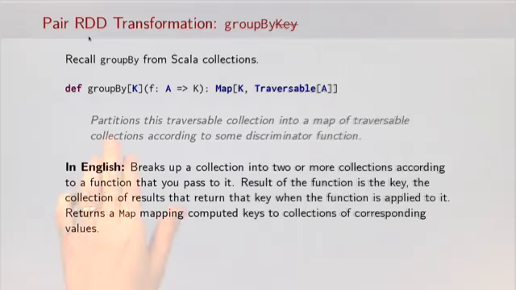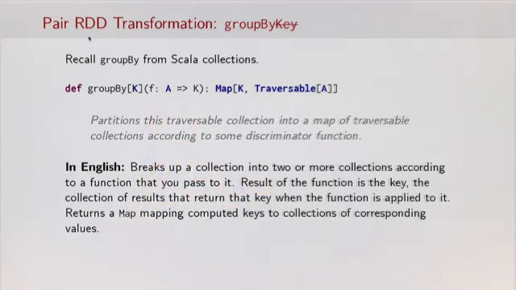The API docs succinctly describe the semantics of this operation as follows. groupBy partitions this traversable collection into a map of traversable collections according to some discriminator function. We can also say this a little more simply. Assuming you have some kind of collection, the groupBy operation will break up that collection into two or more collections themselves according to some function that you pass to groupBy.